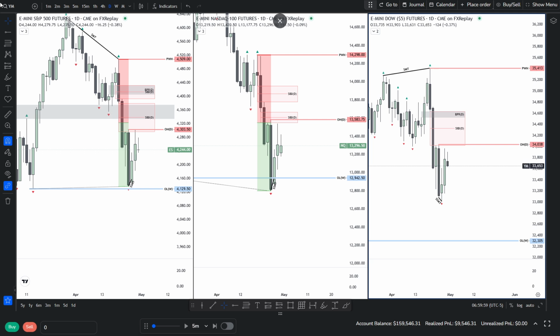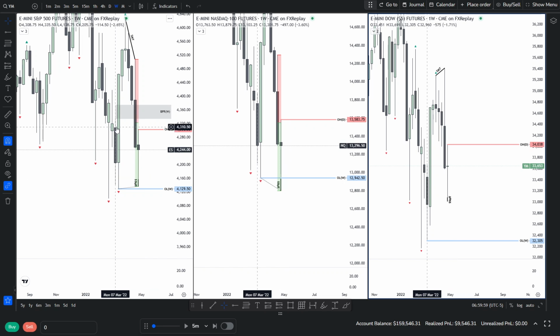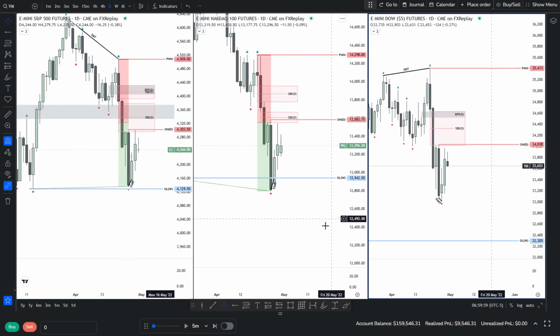Okay. So now it is plausible that if we took NQ for this example, that the market purged this old low weekly.